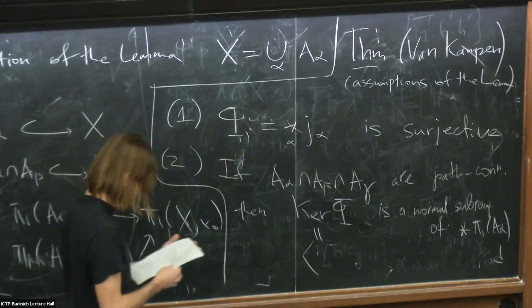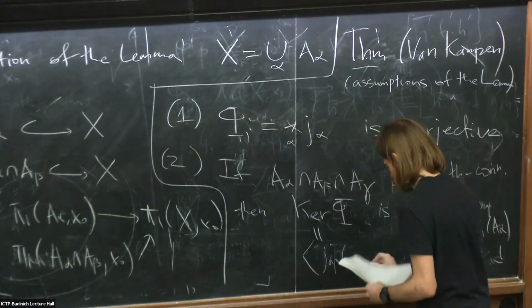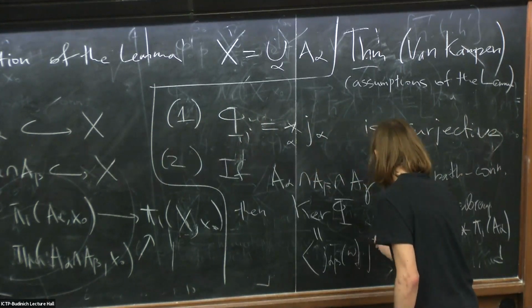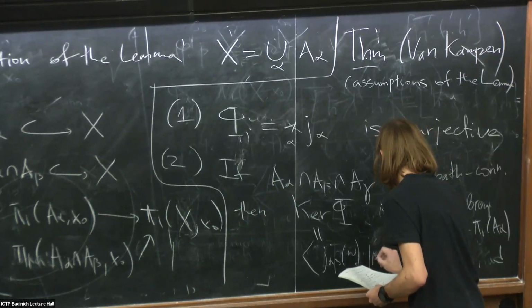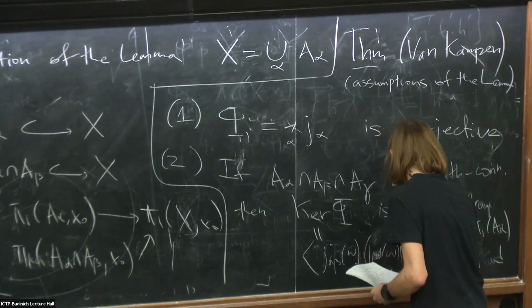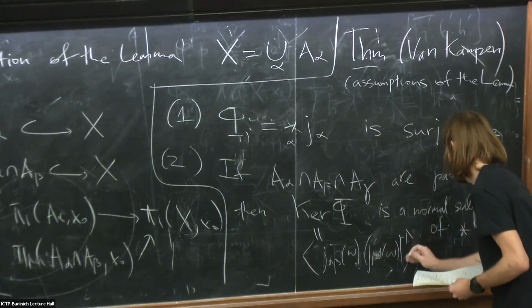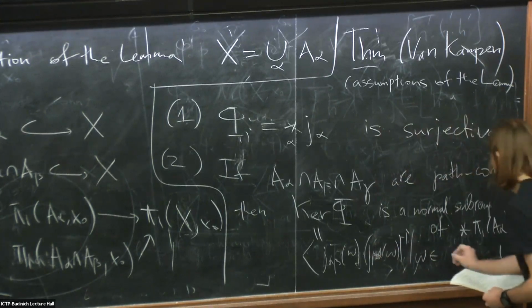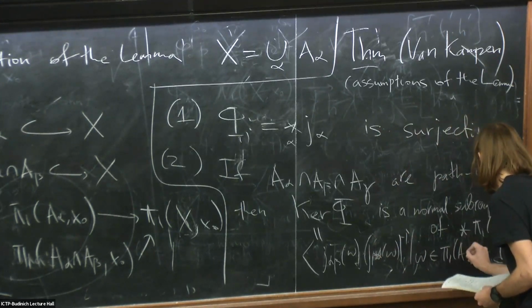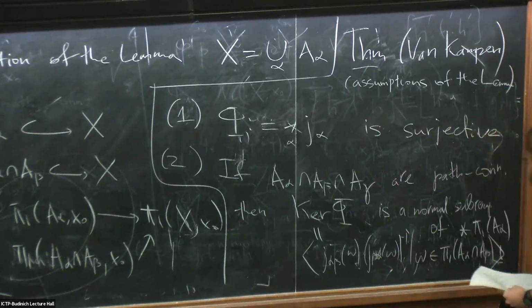It's generated by elements of the form J alpha beta of omega multiplied by J beta alpha of omega inverse, where omega runs over all elements of pi 1 of the intersection and over all possible pairs alpha, beta.